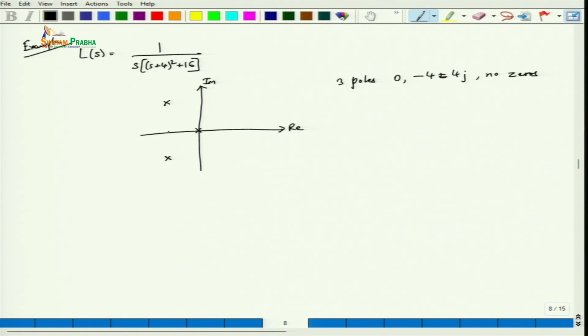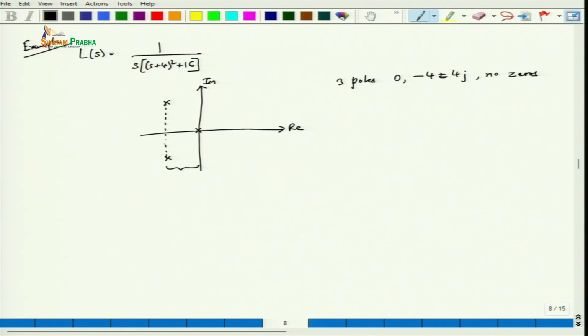Now if we consider the part between minus 4 and 0, this part has an odd number of poles on the right side. So this part lies within the root loci. The root loci will lie on this part of the real axis.